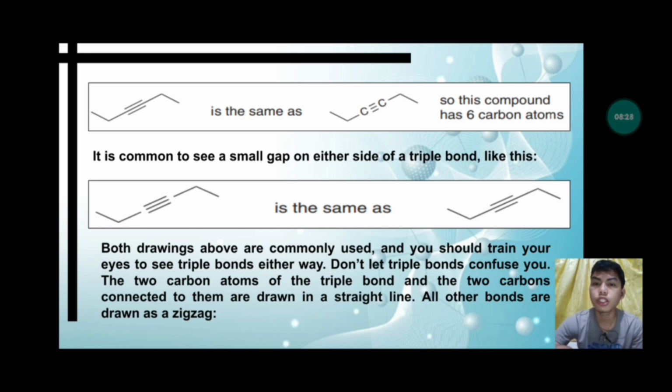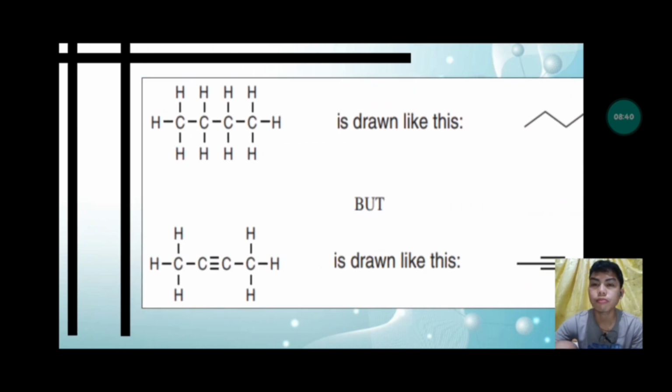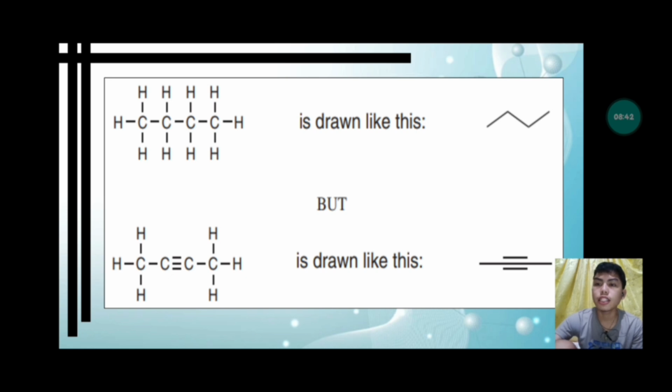The 2 carbon atoms of a triple bond and the 2 carbons connected to them are drawn in a straight line, and all other bonds are drawn as a zigzag. In this picture, we have the structural formula, and it's drawn like this in skeletal formula.